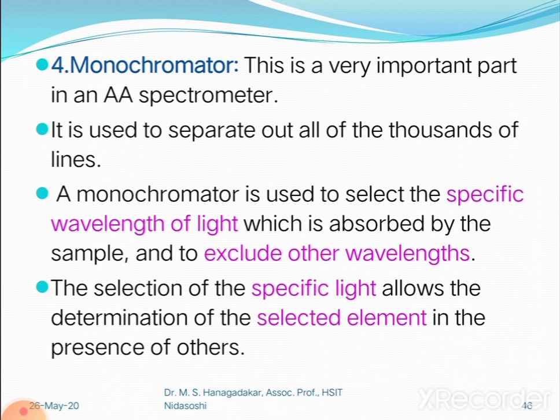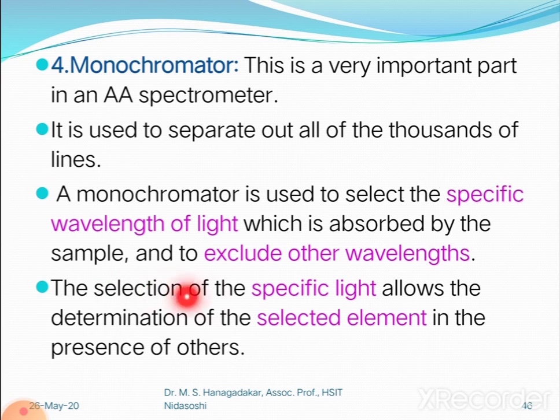The monochromator selects the particular specific wavelength of the light radiation which is absorbed, by excluding the other unwanted wavelengths, which are not permitted to pass through the monochromator.